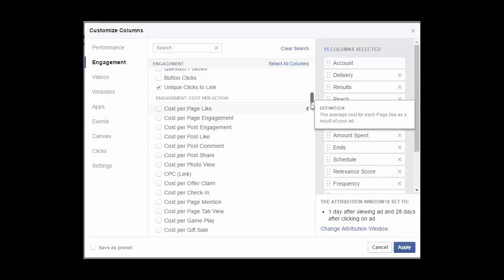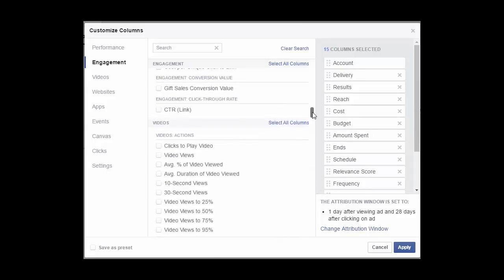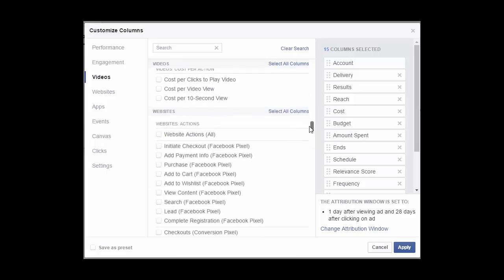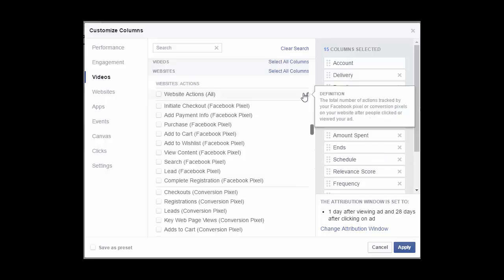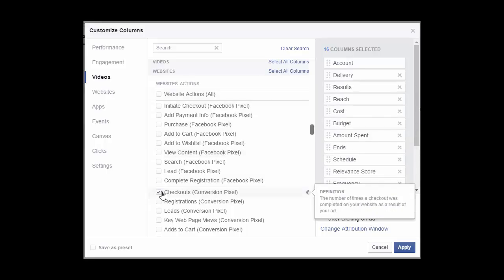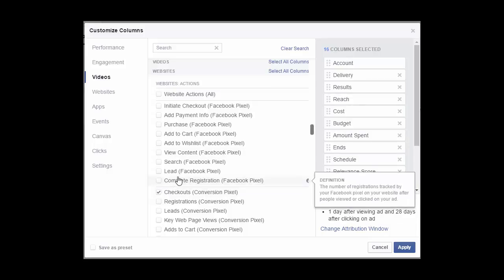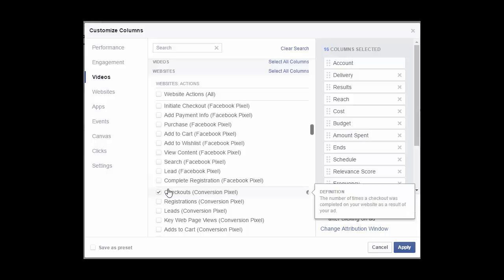Okay, in the website action section right here, take a close look at the checkout. Okay, checkout right here, conversion pixel. This is super important because it tells you how many sales have been tracked and made.